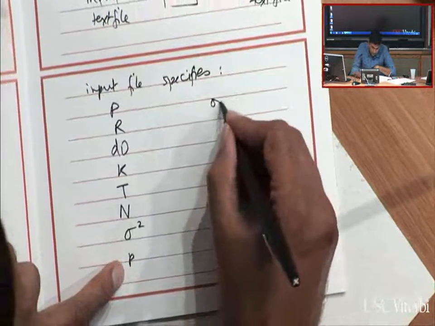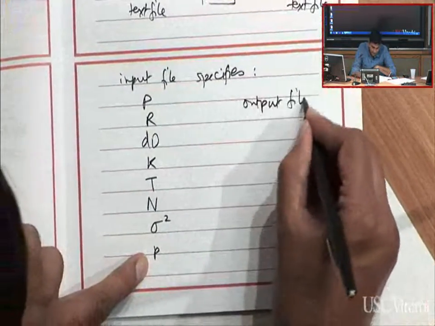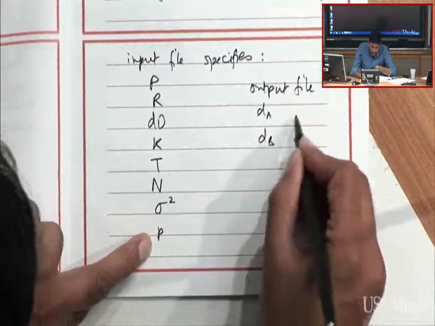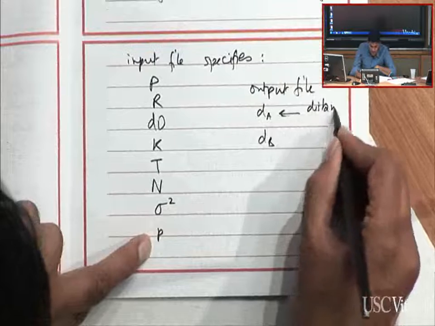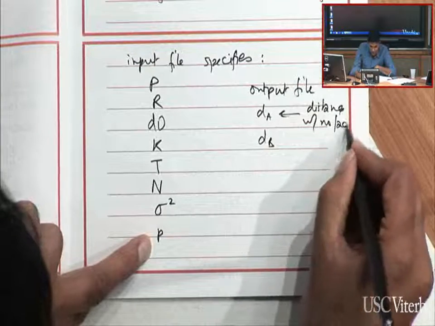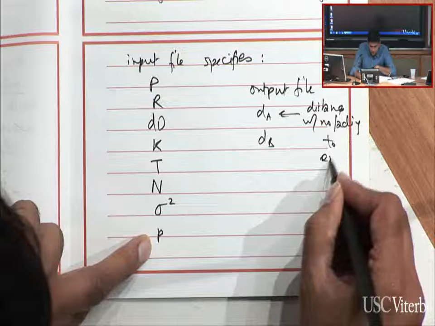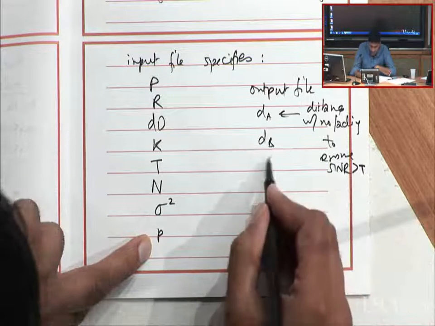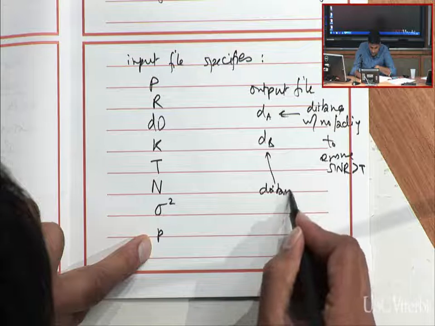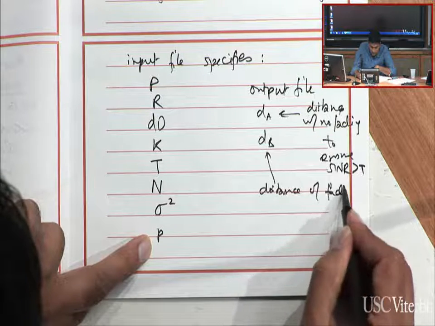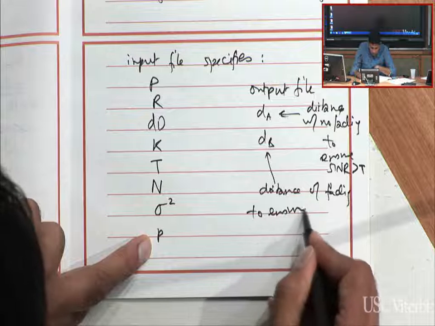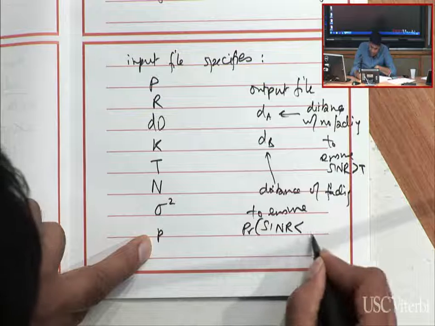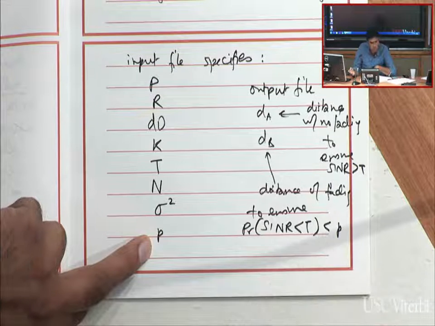And so the output file specifies basically 2 distances. Let me just call it dA and dB, where dA is the distance with no fading to ensure the SINR is bigger than T, and dB is the distance with fading to ensure the probability that SINR falls below T is below some probability P. Right?